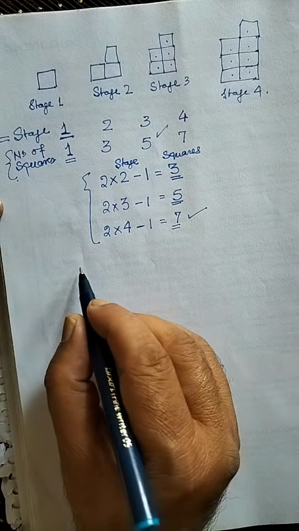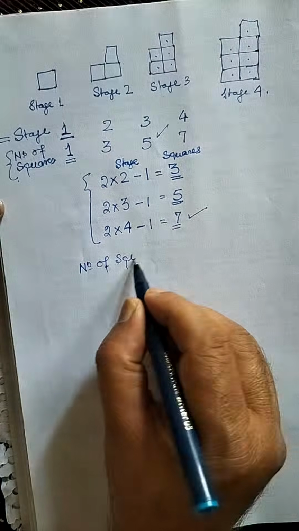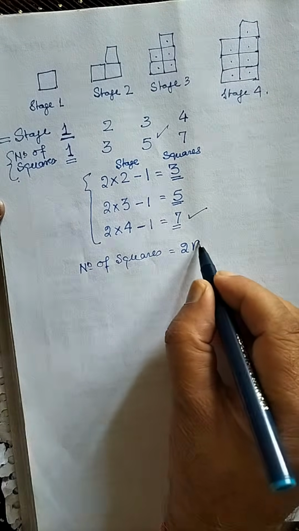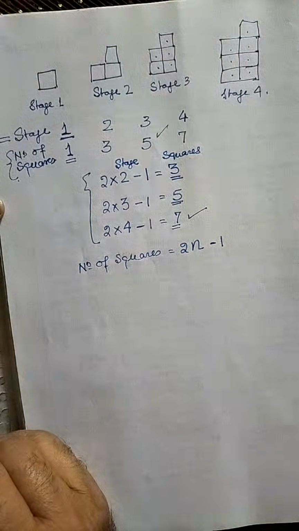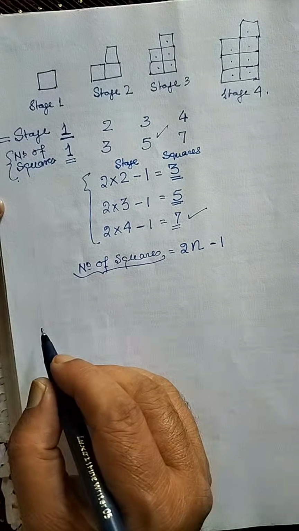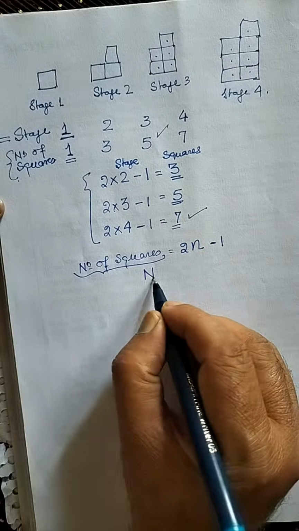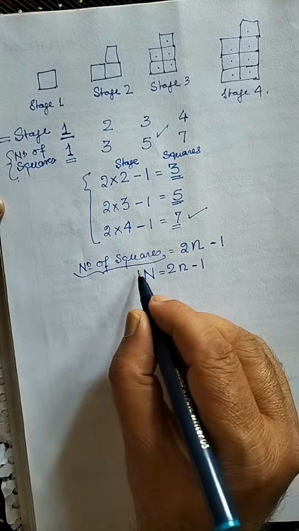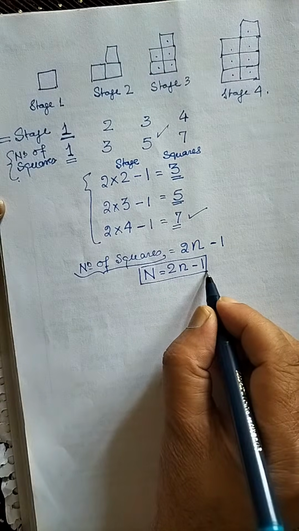So I can write the number of squares is twice the stage number minus 1. To this number of squares I can also give a variable, capital N is equal to 2 small n minus 1. Now this is our relationship.